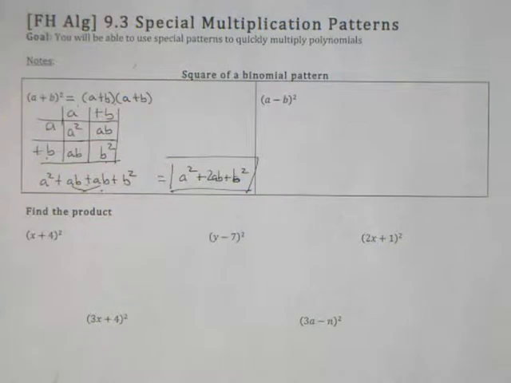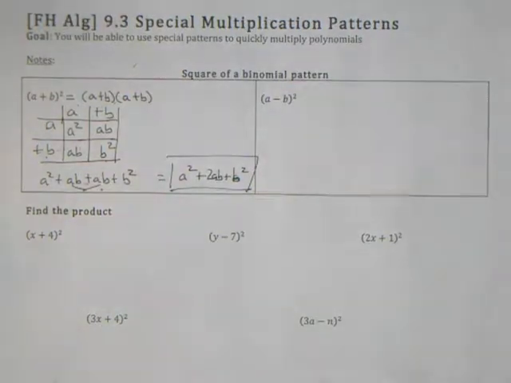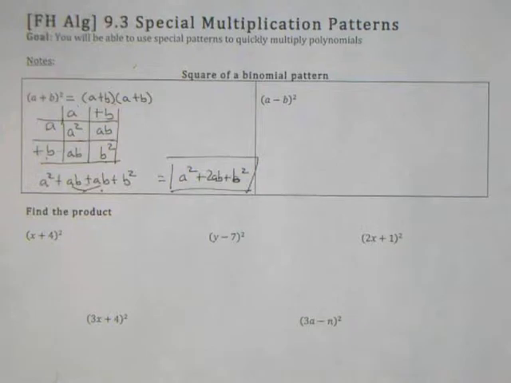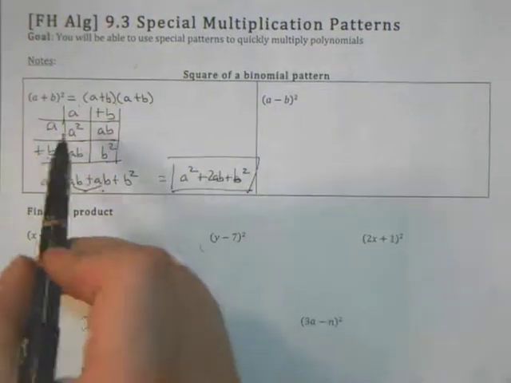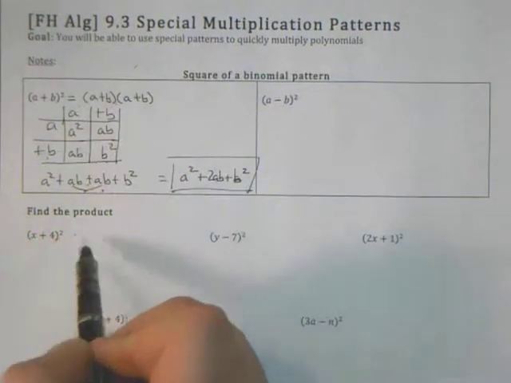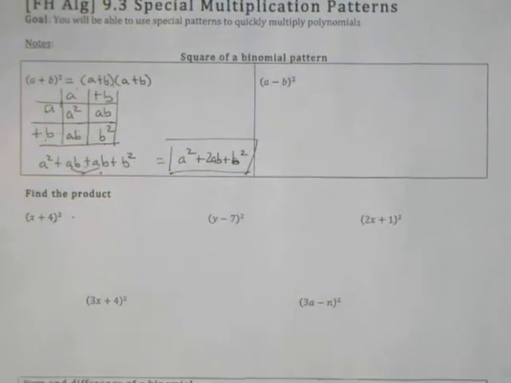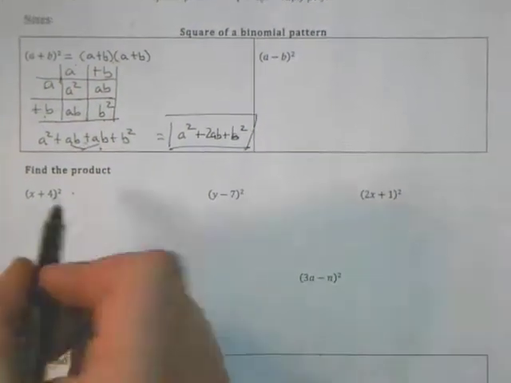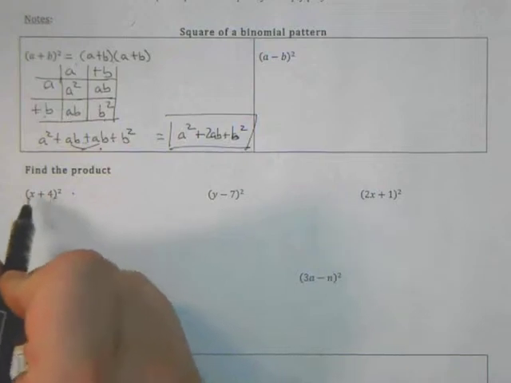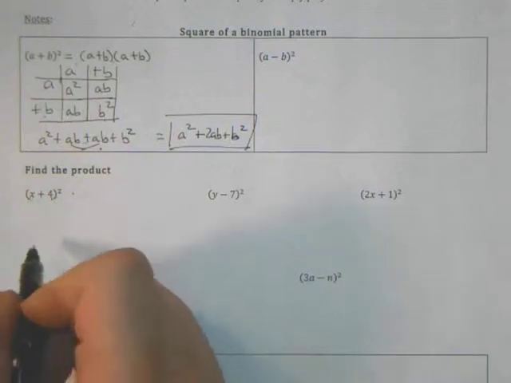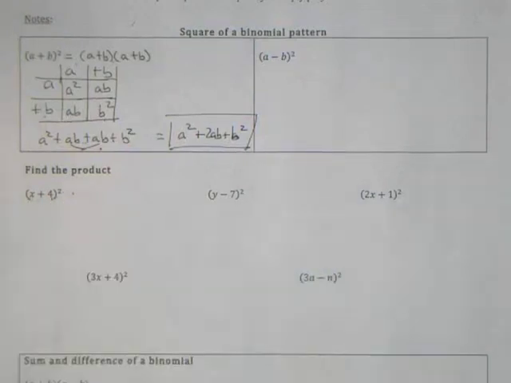Let's see an example of it real quick before we see its partner. So if I have x plus 4 squared, what this pattern says is that instead of writing this out, multiplying everything together, and then combining like terms, I could do it much quicker. This is a binomial being squared.